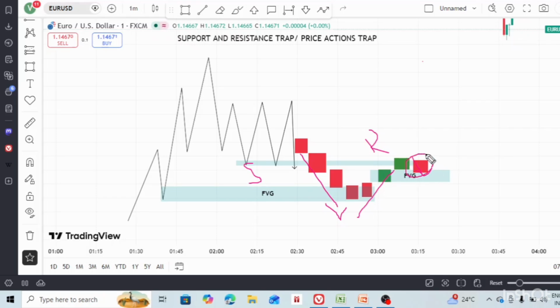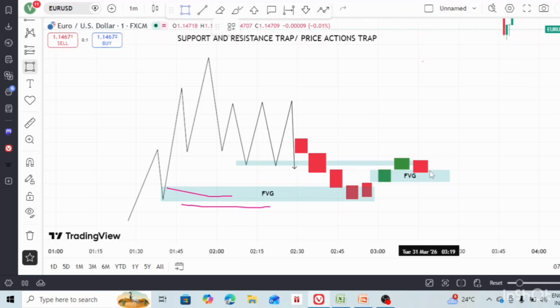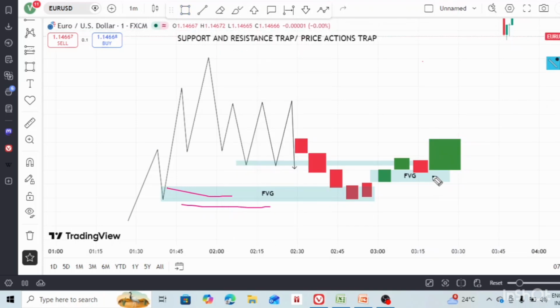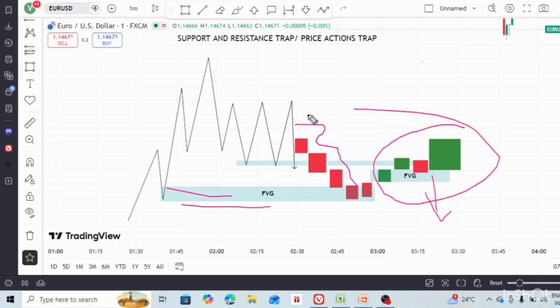This is the confirmation for them, but the market has already mitigated the extreme fair value gap and is also creating a gap. So most of the time the market will go up here, and those who place their sell break here will lose. This is how the market will trade you, but there should not be any strong fair value gap at this cycle as well.